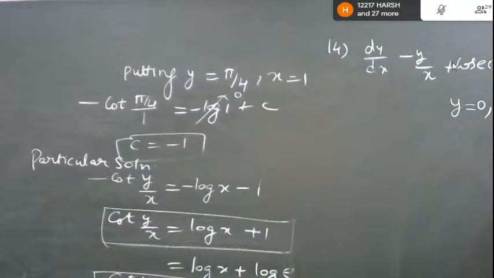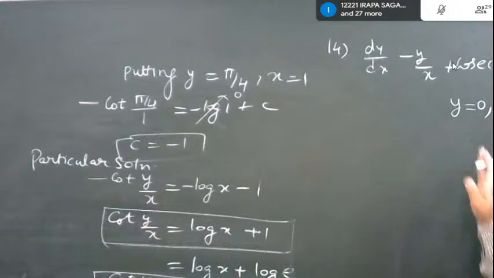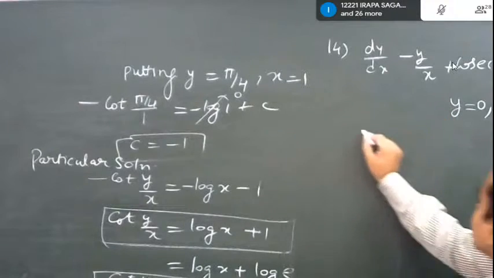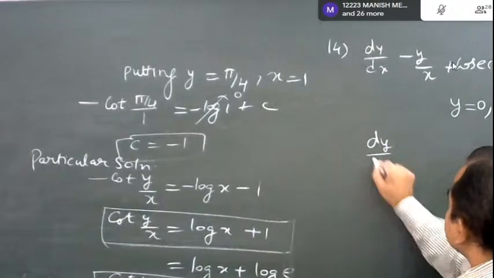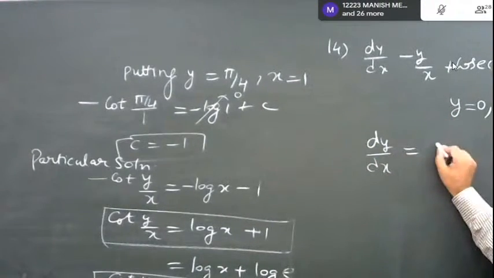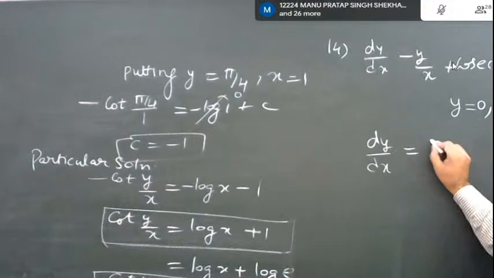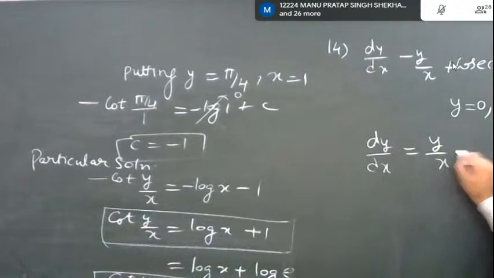Okay, now let us start solving it. First of all, in each and every question, I want dy upon dx on one side, rest of the things on the other side. So I am going to find dy upon dx here. Just shift these two terms to the right hand side: dy upon dx equals y upon x minus cosec y upon x.